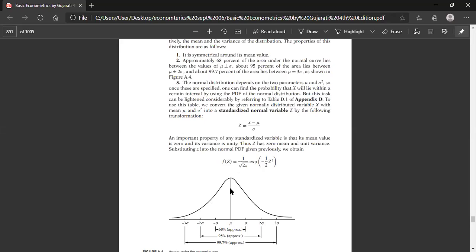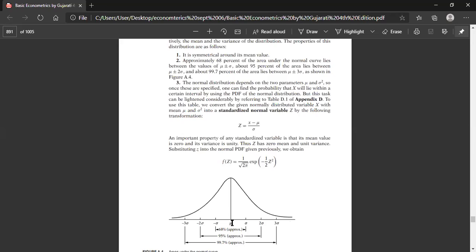It's so symmetric that if you take this curve, take it out and impose it on this, it will be exactly the same. That means this area and that area are exactly the same. I hope you have heard of this thing. Maybe sometimes you did not realize what you are actually learning.